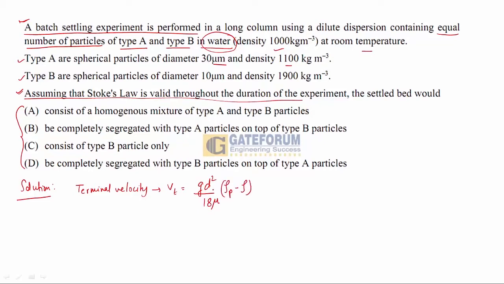Here g is acceleration due to gravity, d is the diameter of the particle, mu is the viscosity of the fluid, rho p is the density of the particle, and rho is the density of the fluid.